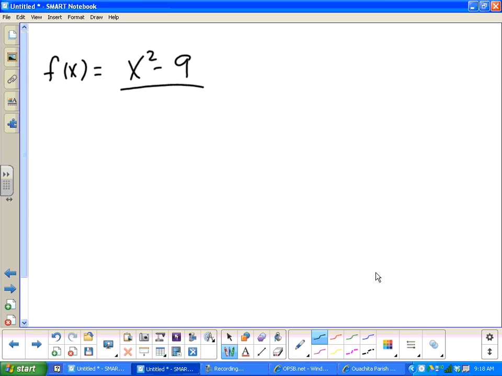All right, so let's look at this one now. So we got x squared minus 9 in my numerator, and in my denominator, I'm going to do x squared minus 3x. Okay, now this time I think we're going to get to see what a hole in the graph looks like. Okay, so let's start off with the stuff that we know.